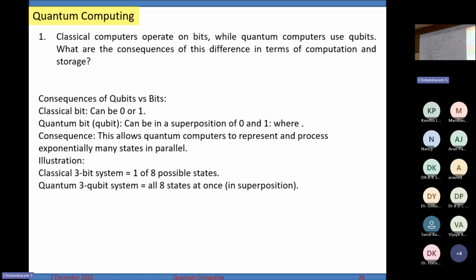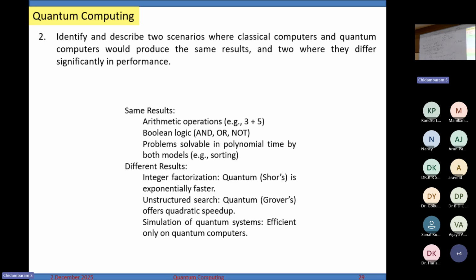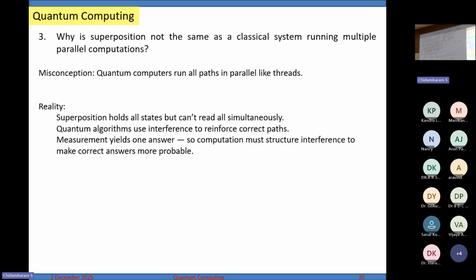So because of that, what is the consequence? It can represent and process many states efficiently in parallel. I said in the very beginning why we are able to represent many states. I gave an example of a coin and a dice, right? And many states in parallel.